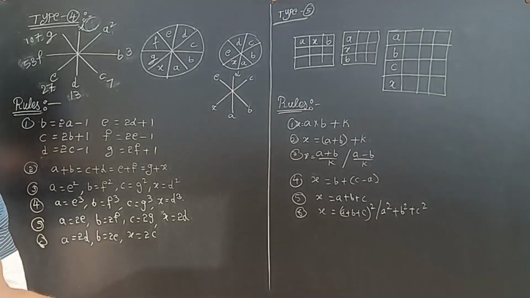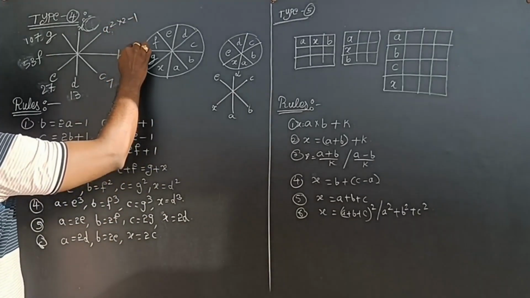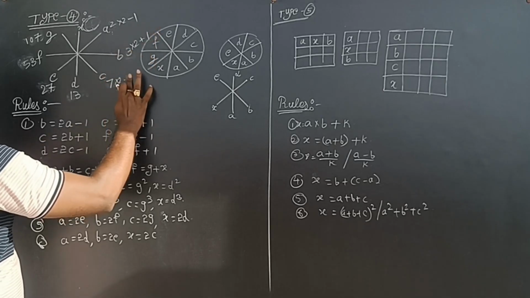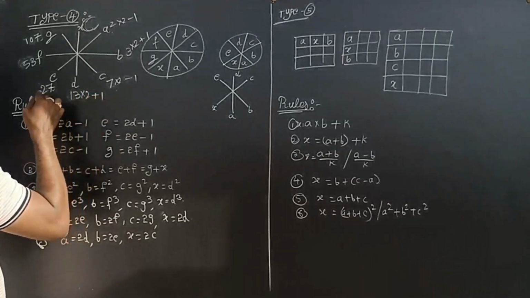Then what is the number they are asking? See, 2 2s are 4 minus 1, 3. 3 2s are 6 plus 1, 7. 7 2s are 14 minus 1, 13. 13 2s are 26 plus 1, 27.